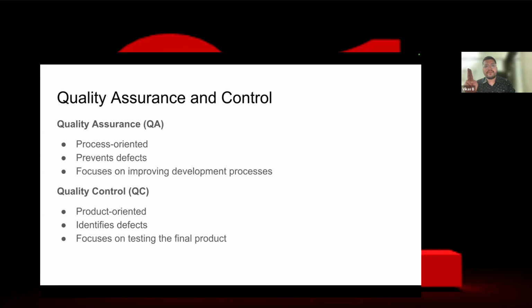There is a slight difference between QA and QC, guys. QA is process oriented, and QC is focused on the product. You might have heard the terminology where someone says, I'm working in a product based company, and someone will say as a QA, I'm working in a project based company. So that's the difference between project based and product based.